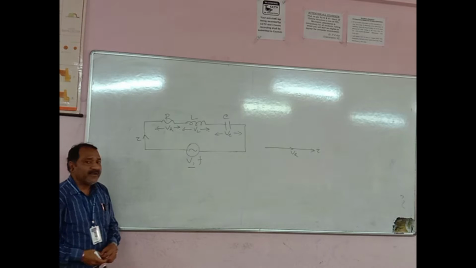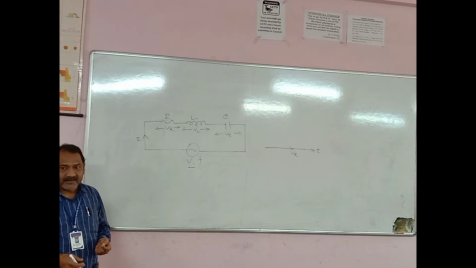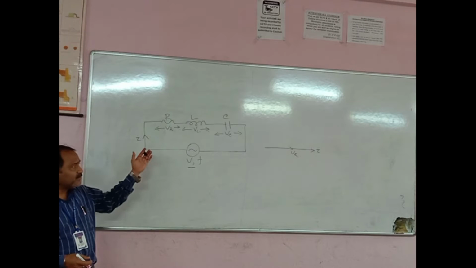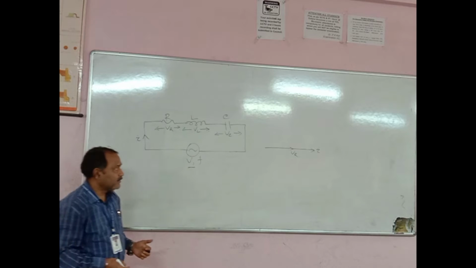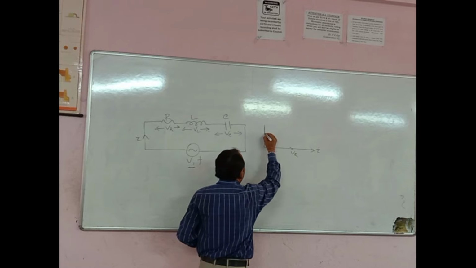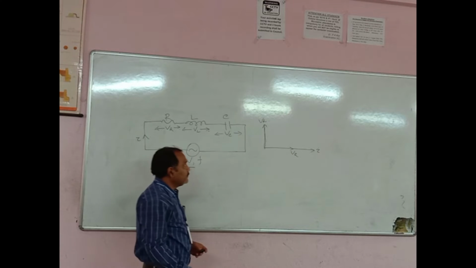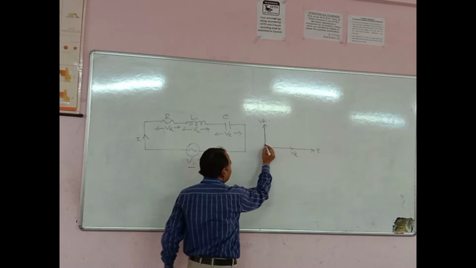Similarly, in a purely inductive circuit, current always lags the voltage by 90 degrees. So the voltage will lead the current by 90 degrees.